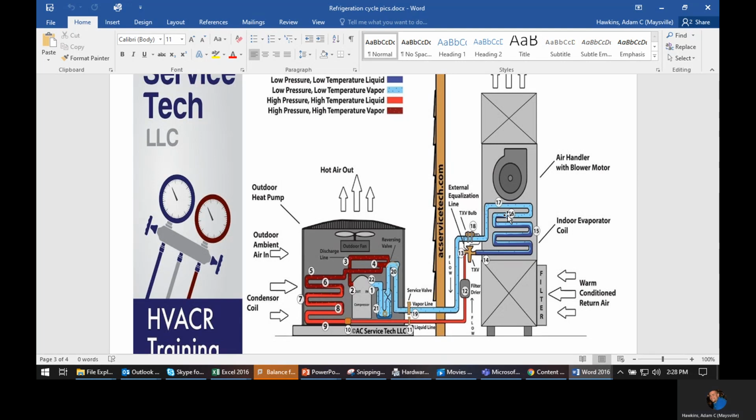So that stopping point where it becomes 100% vapor, I want that as late in the game as I can get it safely. So you would think, well, why not have it halfway down? That way you're not going to damage your compressor. Yeah, that's true. But if the majority of the coil has to be going through that latent change to do the job, and it's not, then that's going to show up. You're going to be losing capacity.